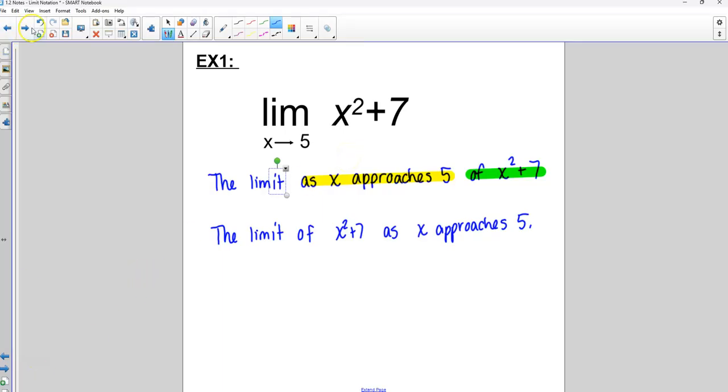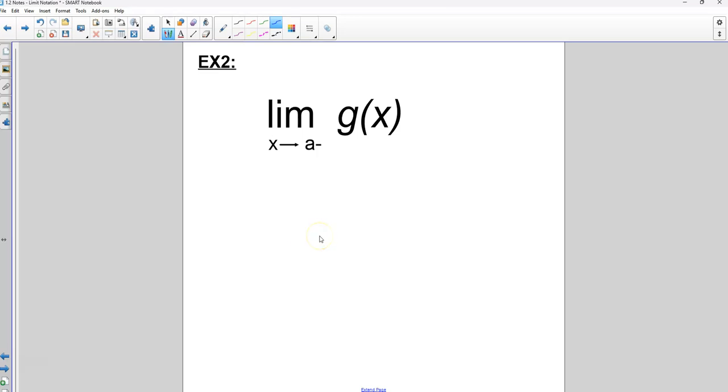So what does it mean if we look at example 2? If I've got this negative behind the A, what is it? Coming from the left. So this one would be the limit as x approaches A from the left of g of x.